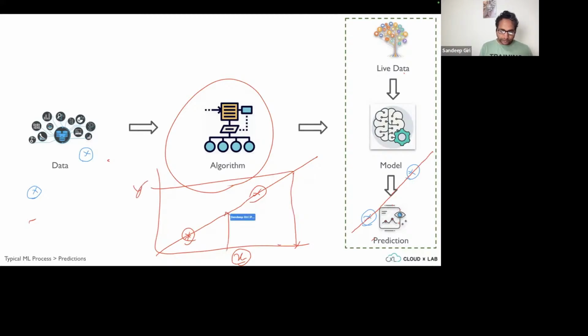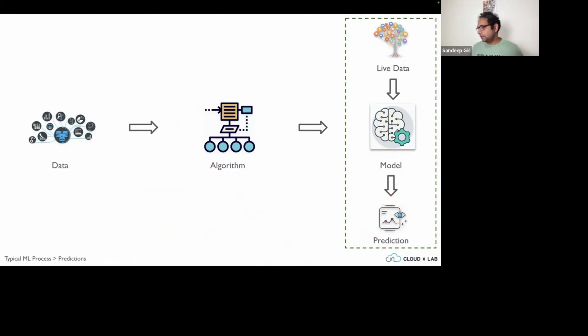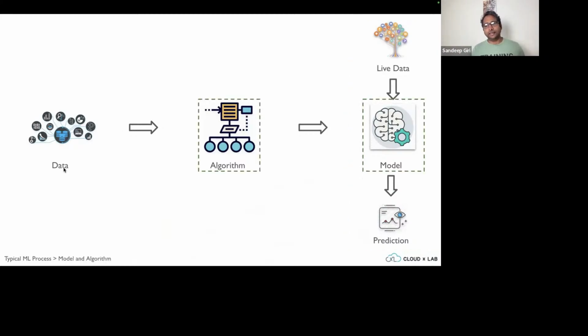You give me any value, I'll ask this line, what is the value of y for this value of x? And that's it. I'm just giving you a very simplistic example, and that's the core of the entire thing.